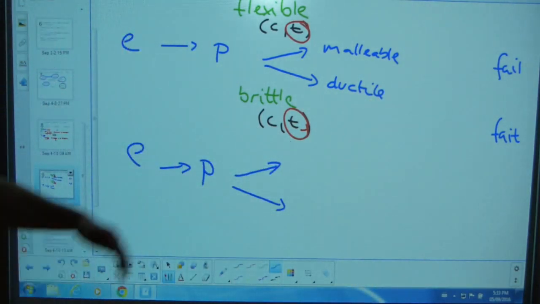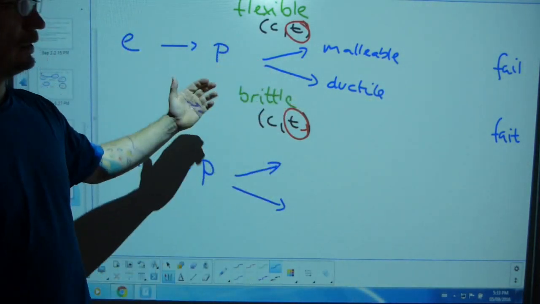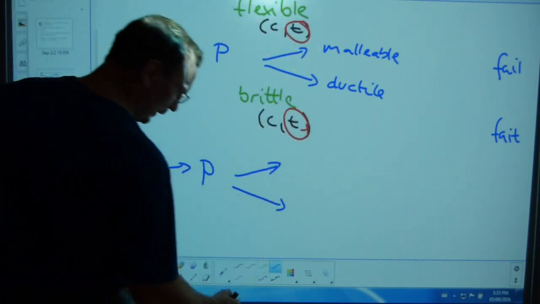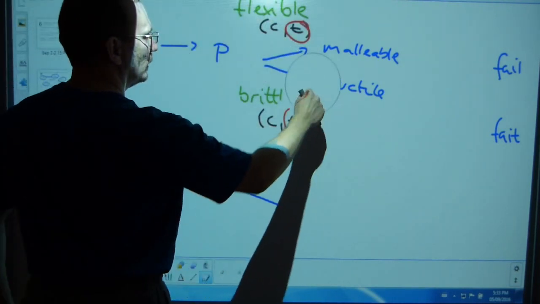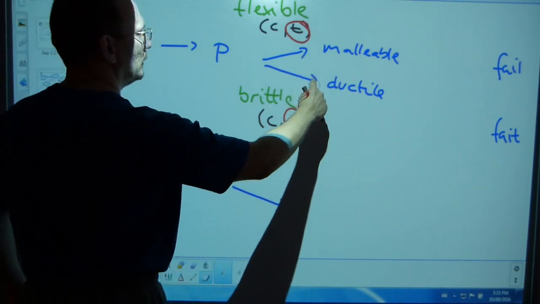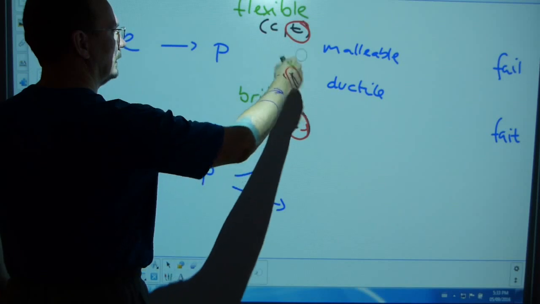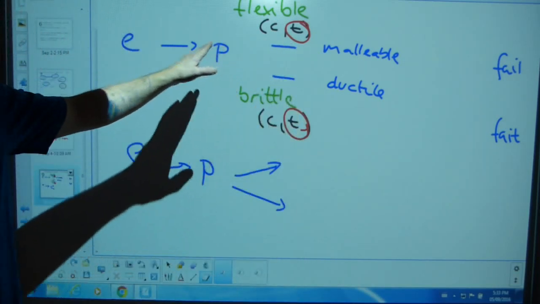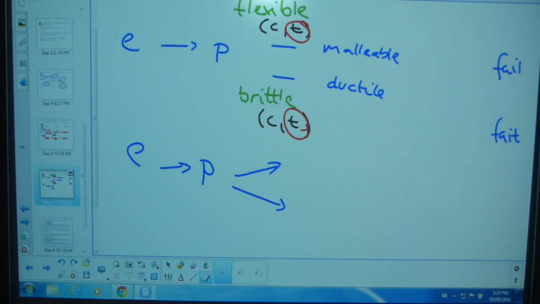Malleable and ductile are adjectives of this thing. So maybe instead of arrows, oh, that's too bad, we'll fix it, I'm just going to go with two straight lines. So those are adjectives that describe this plastic deformation.